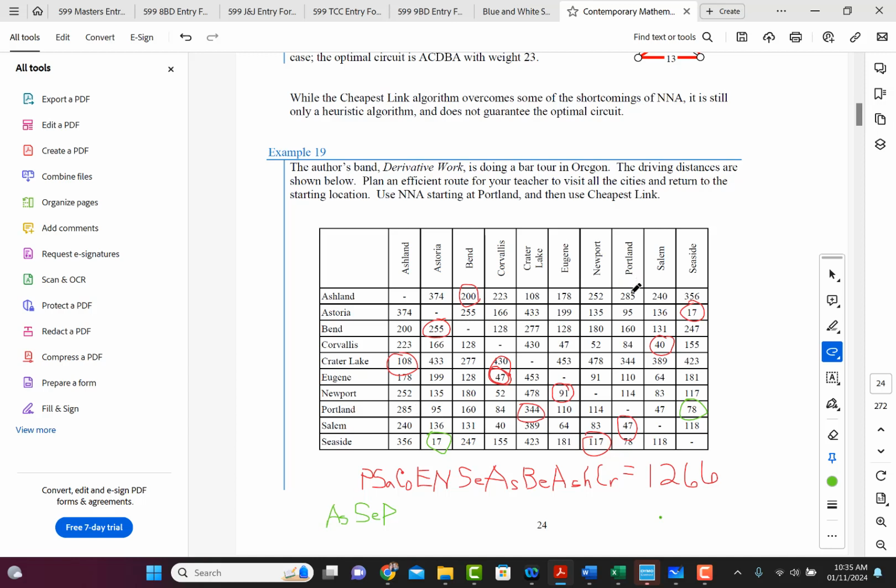And then from Portland, what do we want to do? Oh, hold on a second. We're not using the nearest neighbor, we're using the cheapest link. Or actually, hold on.